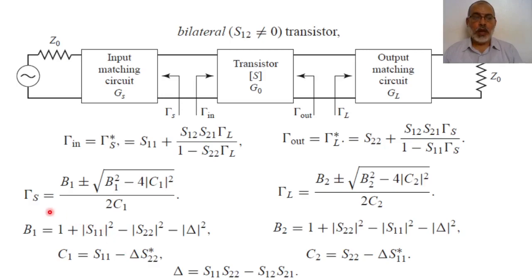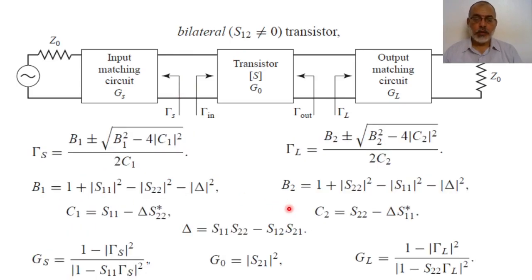Okay. Now, for the case of a bilateral transistor, we have already obtained gamma source and gamma load. Now, we can obtain the transducer gain. The gain of the input matching network is 1 minus the magnitude of gamma source squared over the magnitude of 1 minus S11 multiplied by gamma source, squared.